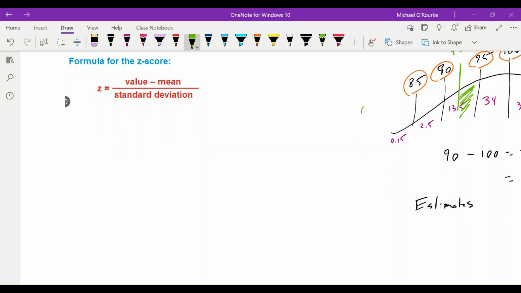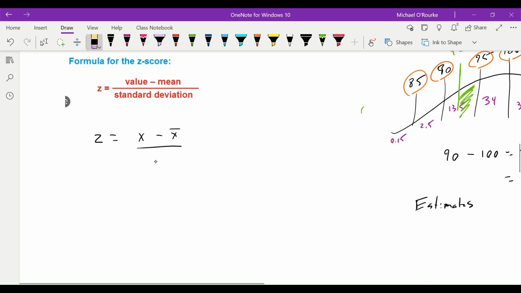Now, the z-score is the value minus the mean divided by standard deviation. So if I was to write this out, z is x, whatever x is going to be, minus the mean, divided by our standard deviation.